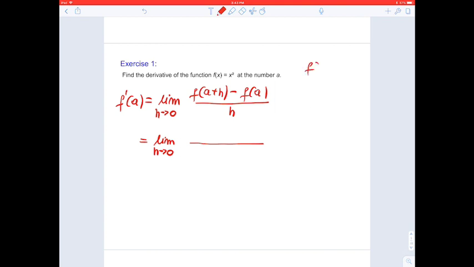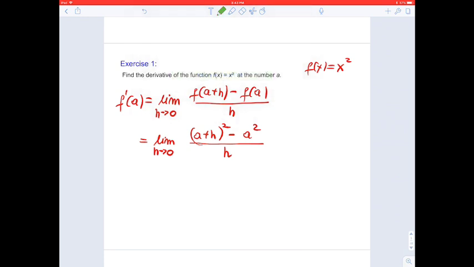My function is x squared. That means now instead of x I have to put a plus h squared, minus, instead of x, a squared, over h. This limit represents the derivative of the function x squared.